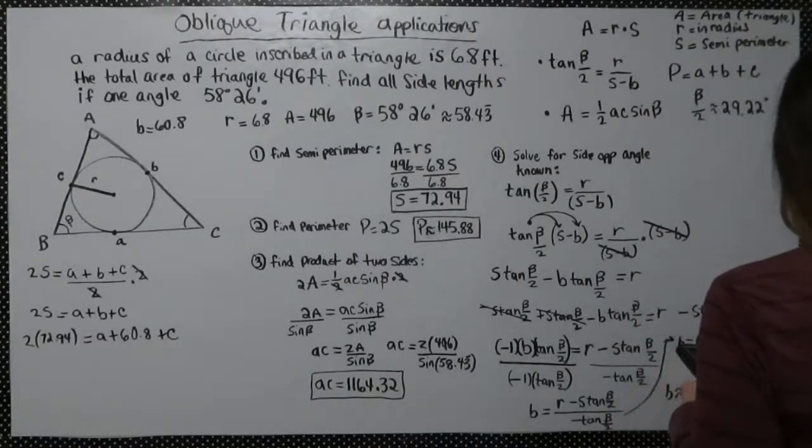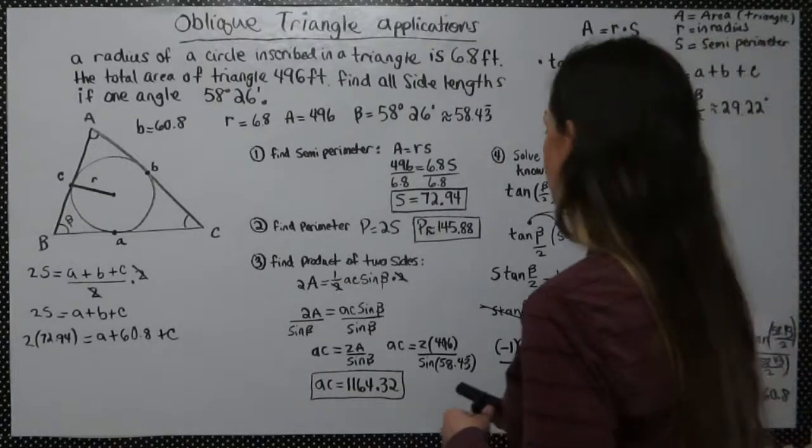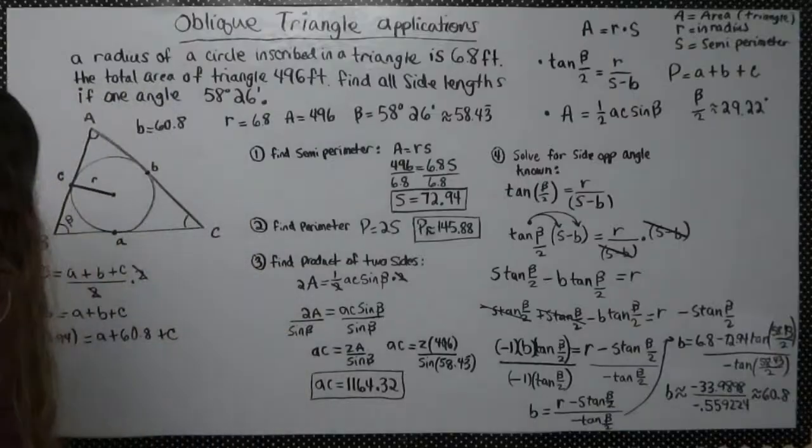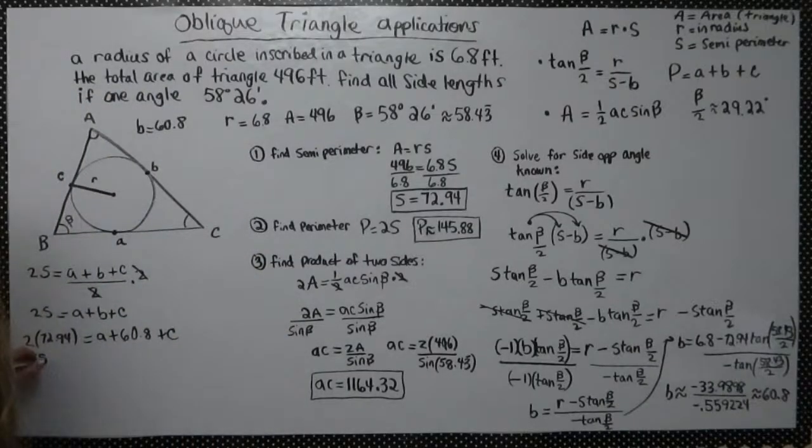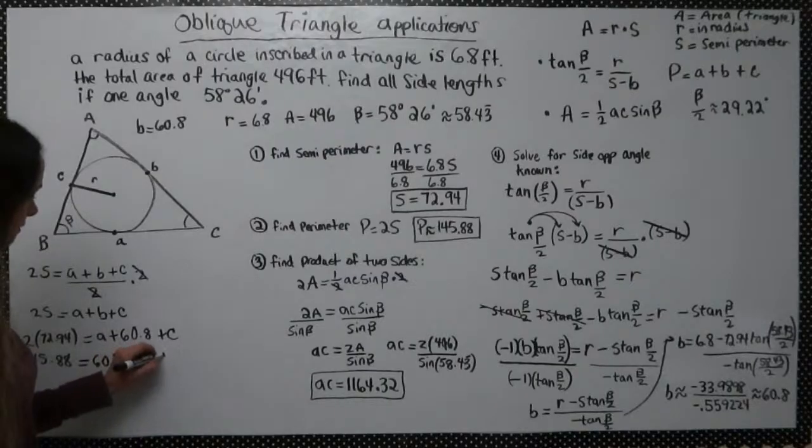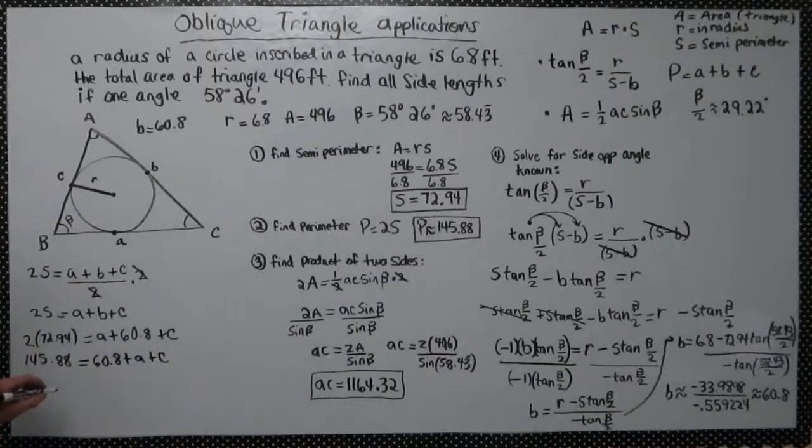I thought I'd already calculated that. I did. It's 145. Okay, so let me calculate it. 188 equals 60.8 plus A plus C. And then we're going to subtract off the 60.8.